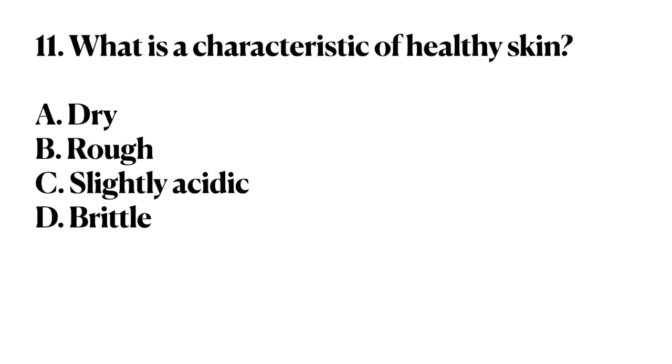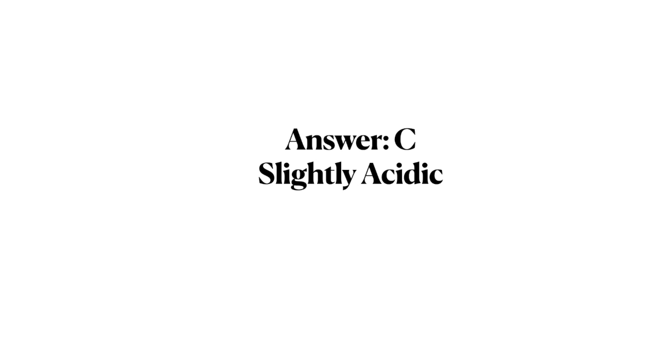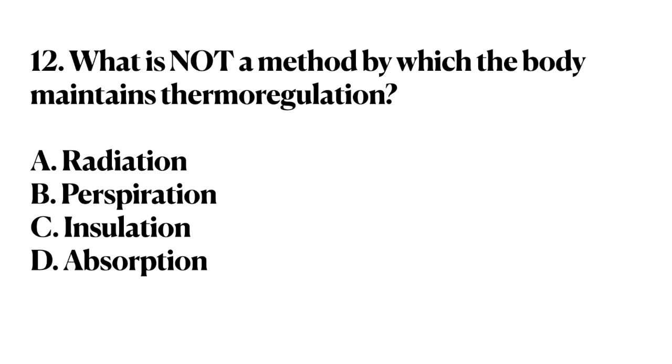What is a characteristic of healthy skin? A. Dry. B. Rough. C. Slightly acidic. D. Brittle. Answer C. Slightly acidic. What is not a method by which the body maintains thermoregulation? A. Radiation. B. Perspiration.